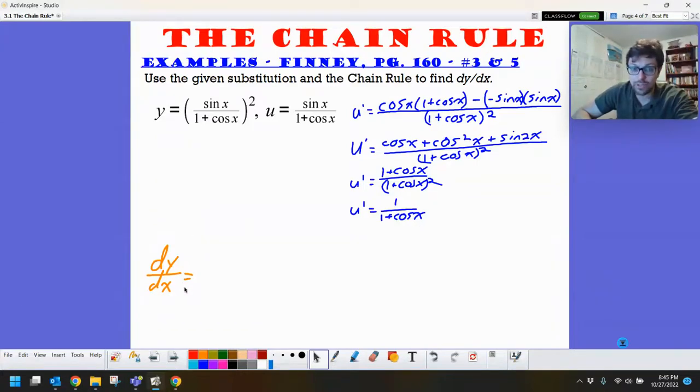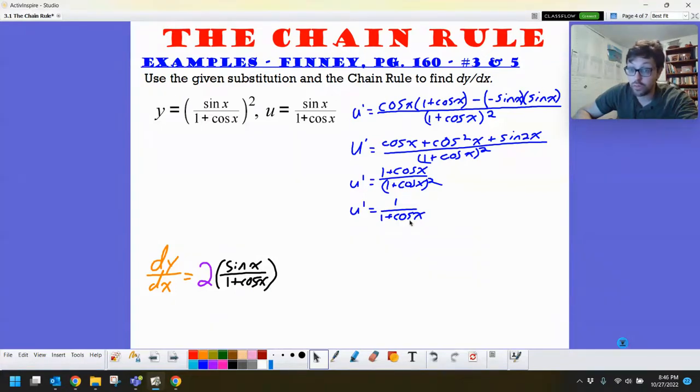So to do our actual derivative, we need to do the derivative of this outside piece, which is that square. So that is going to be a 2 multiplied by what was inside. And what was inside does not change at this point. Note that this 2 became a 1. Then we need to multiply by the derivative of what was inside.